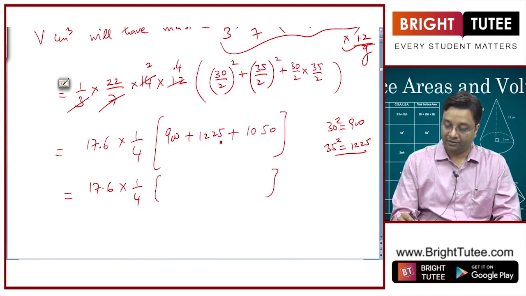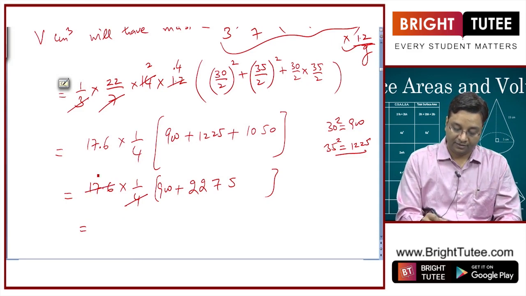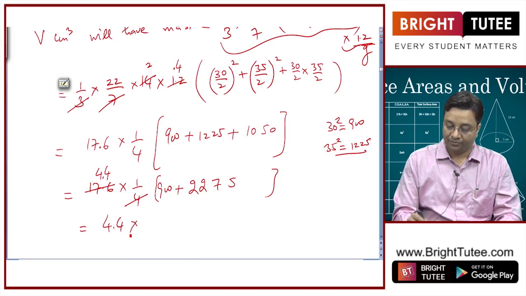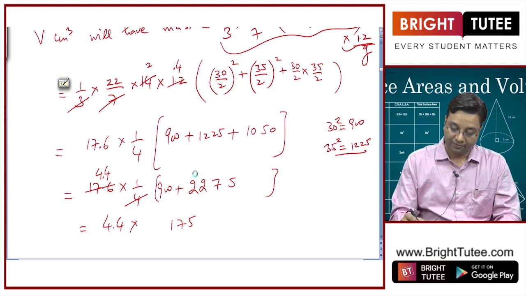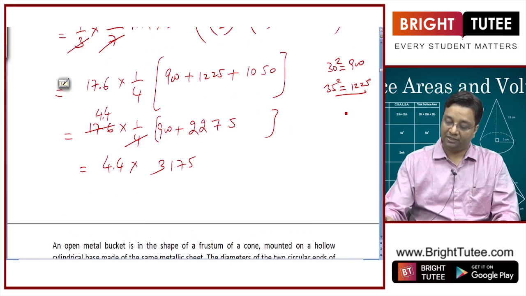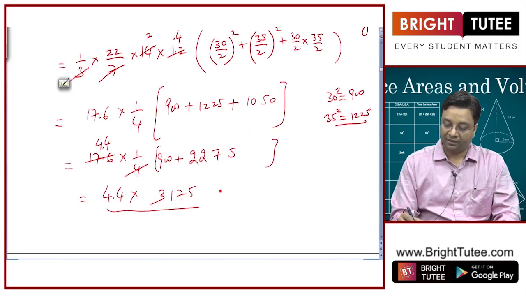So it is equal to 17.6 into 1 by 4, and what is this here, 900 plus 1225 plus 1050. So this will be equal to 3175. Now I can cancel it by 4, so 4.4 into this. Now you just need to multiply 3175 with 4.4 and you will get your mass in grams.